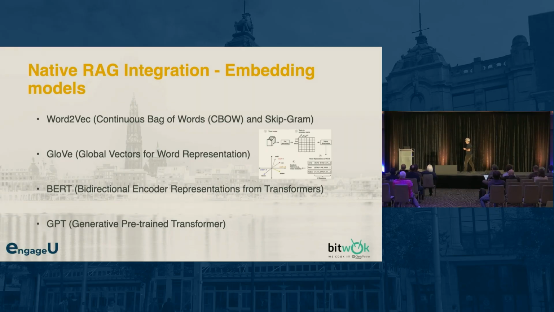And it was working very well until this famous paper, Attention Is All You Need, from Google in 2017, that is the birth of the BERT model. BERT is Bidirectional Encoder Representations from Transformers, and it gives you not only the vectorization of a word, but it takes into account attention.